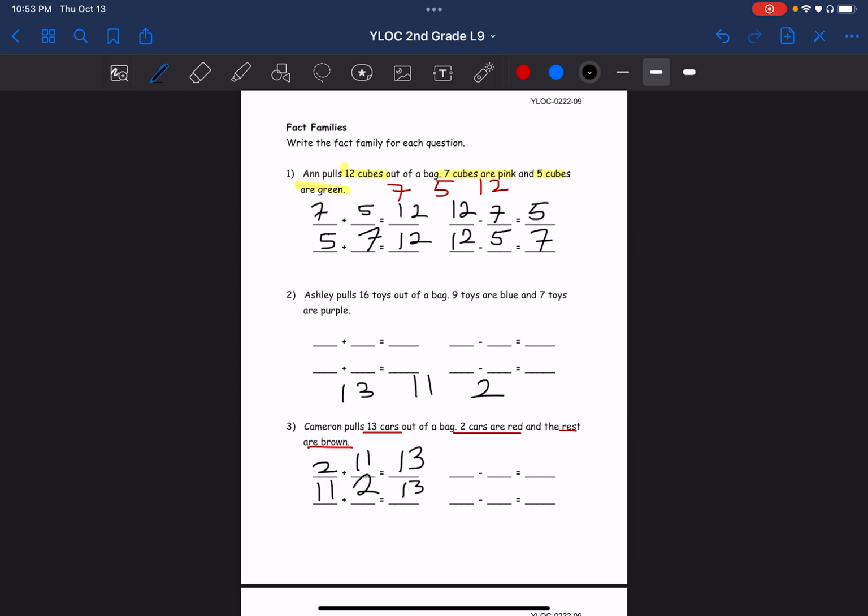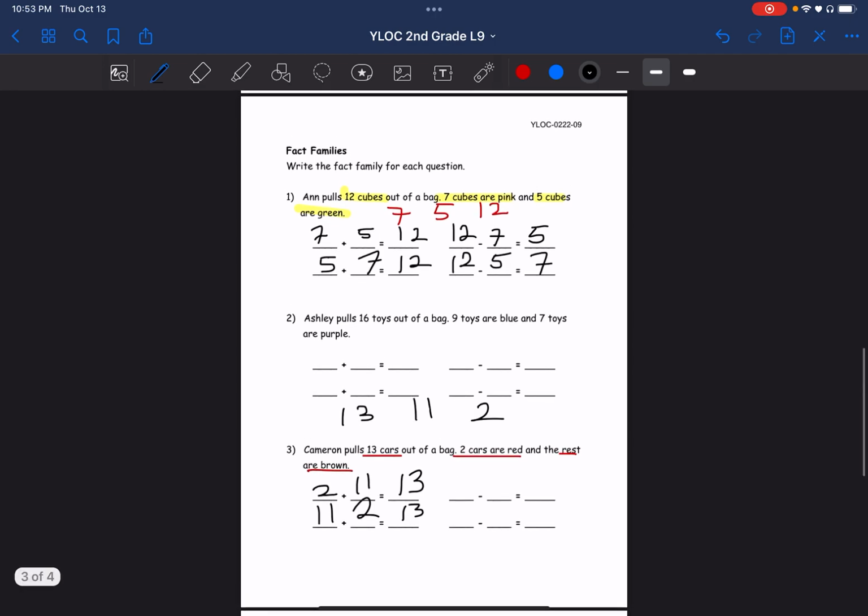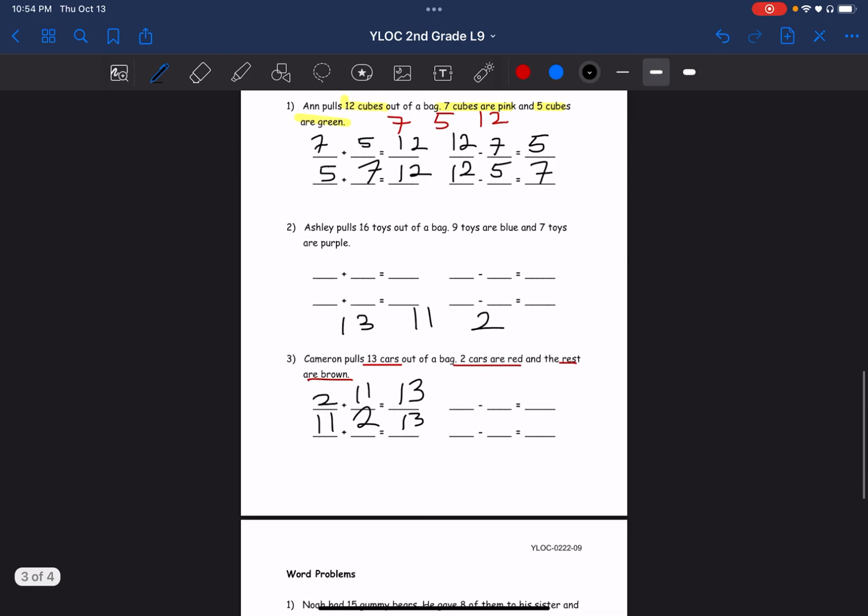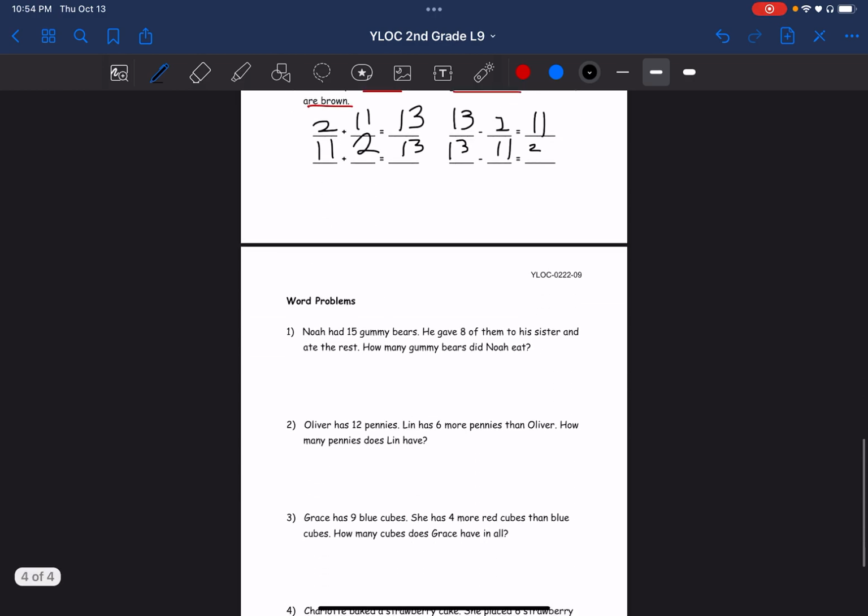And then once again, remember with subtraction, we put the biggest number at the front. So that's 13 minus 2, and we have 11, which is what we did to find out what numbers we had to use. And then 13 minus 11 brown cards is 2 red cards. Alright, let's go to the next page.